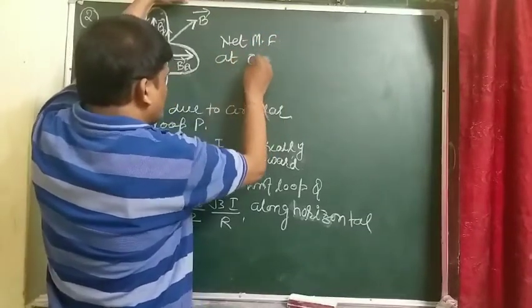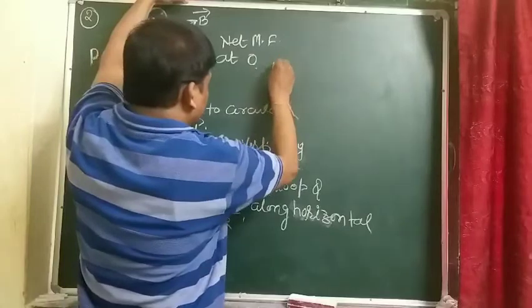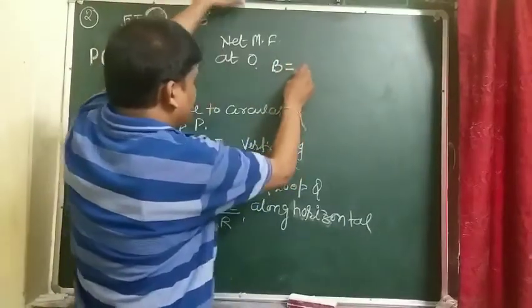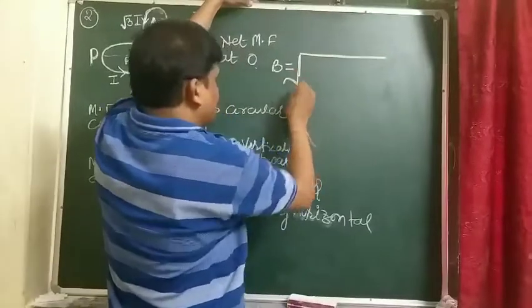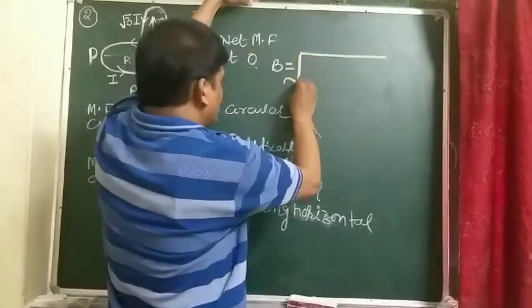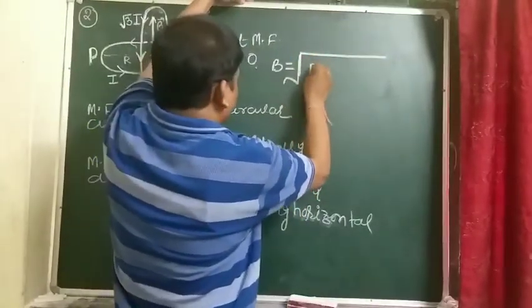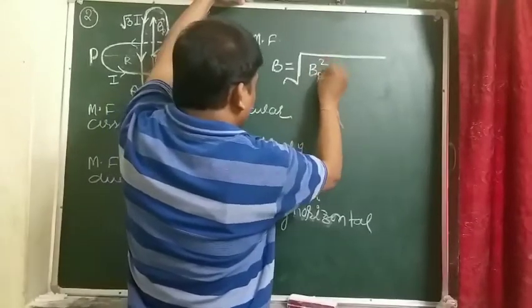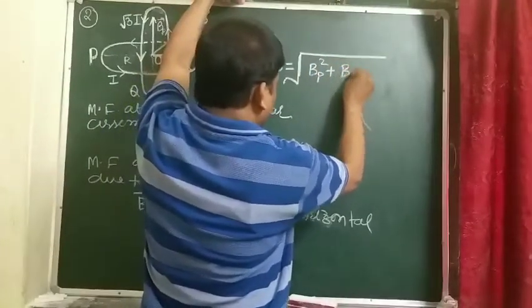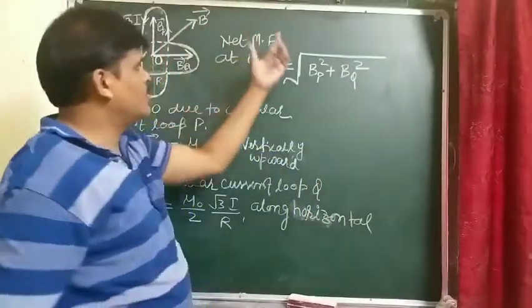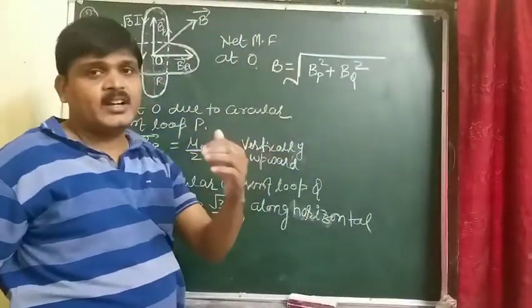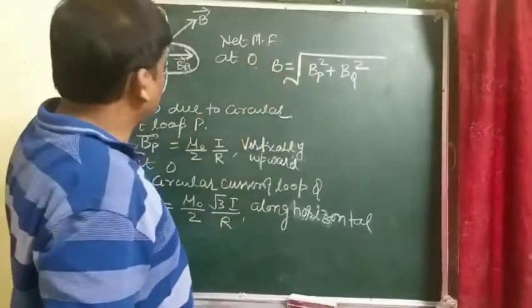The net magnetic field at O is found using the law of vector addition, the parallelogram method.